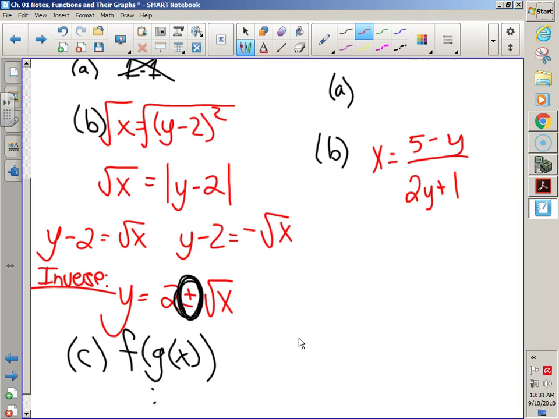Anybody figure out the next step? Move the y stuff on one side and the non-y stuff on another side? Put the y terms on one side, put the non-y terms on the other side? Factor? My turn.